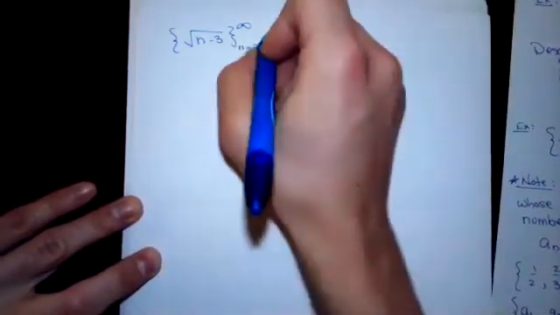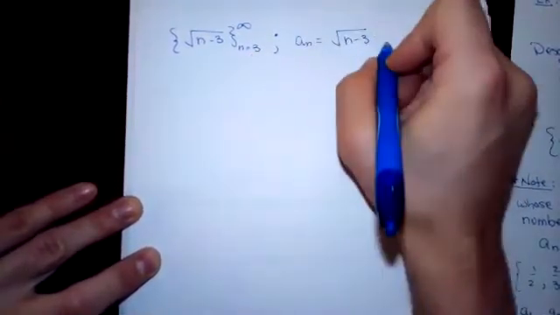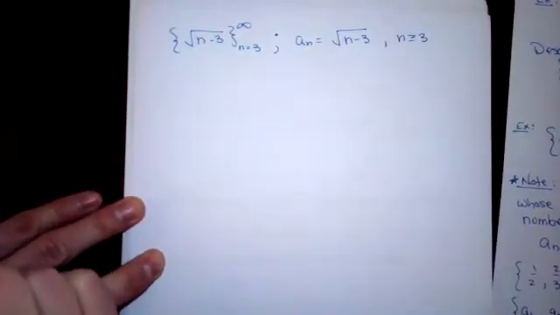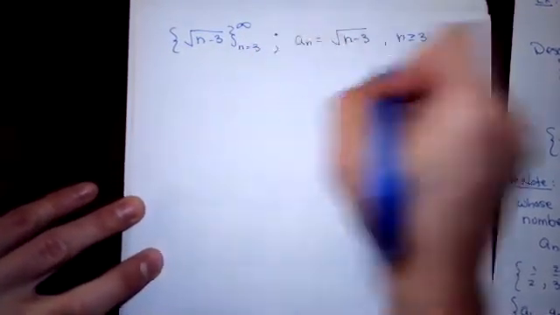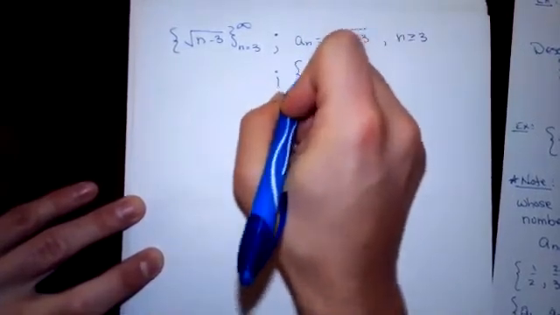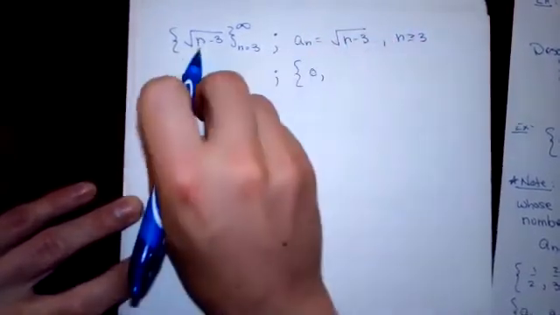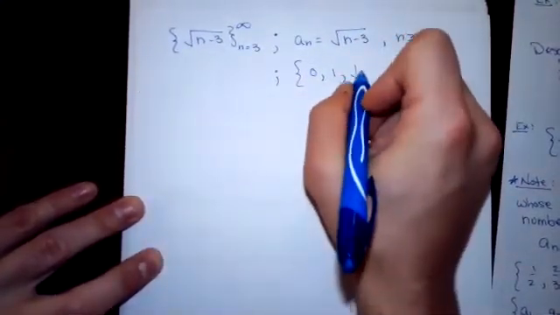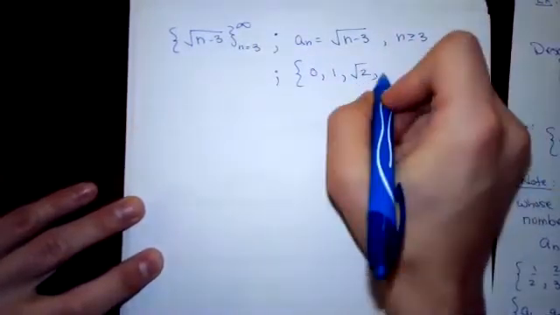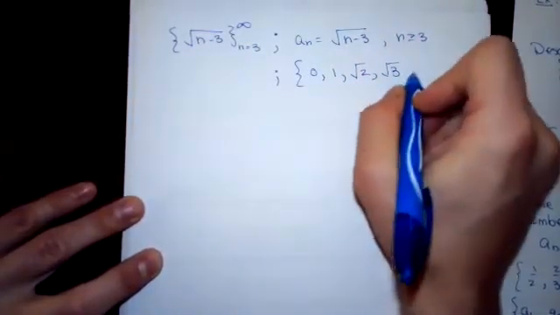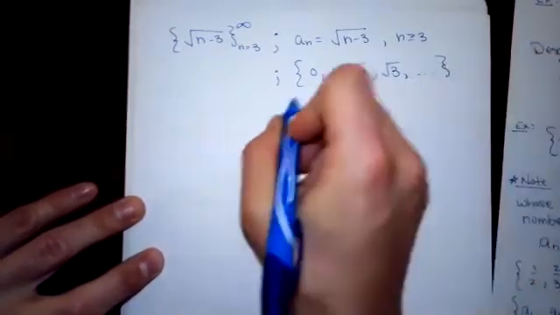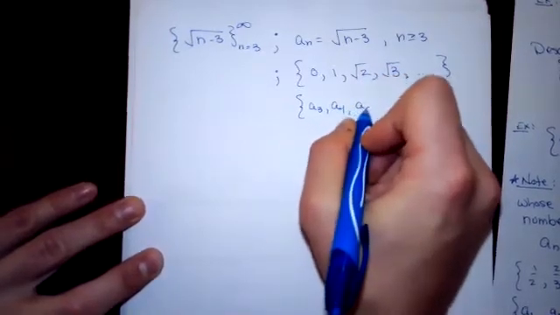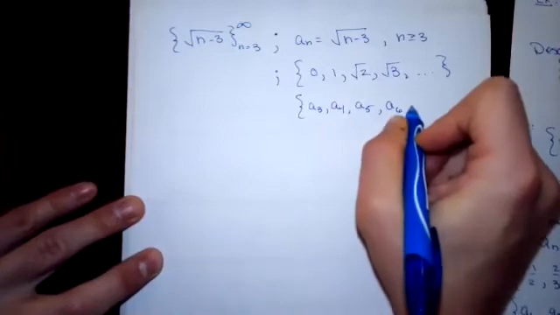So next to writing our functions, sometimes we have to specify our domain, n greater or equal to 3. And then, of course, the list of numbers is 0. I plug in 4, we'll get 1. I plug in 5, we'll get square root of 2. 6, we'll get square root of 3. And this was A3, A4, A5, and A6.